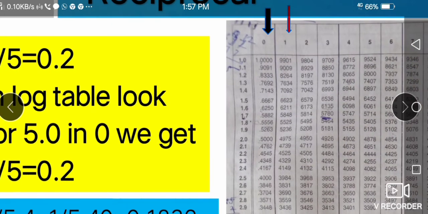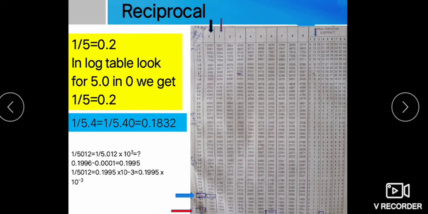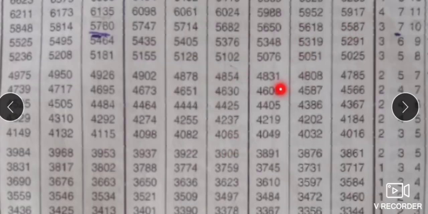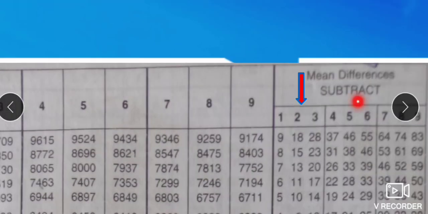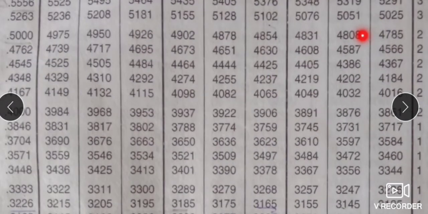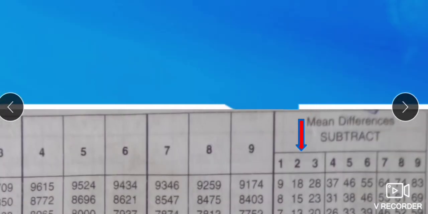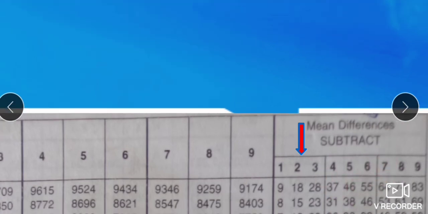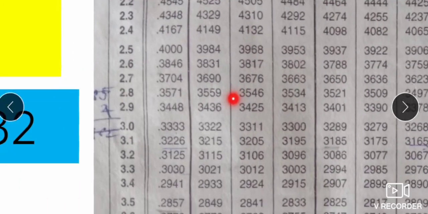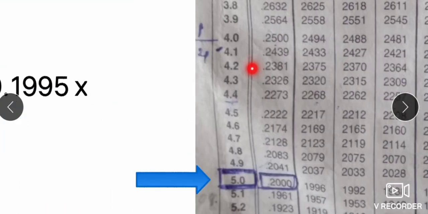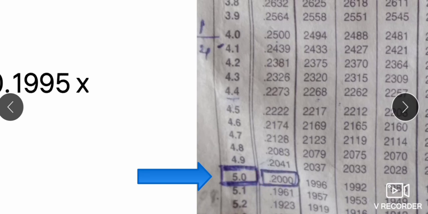In the log table it is given to subtract, so we have to subtract the mean difference.